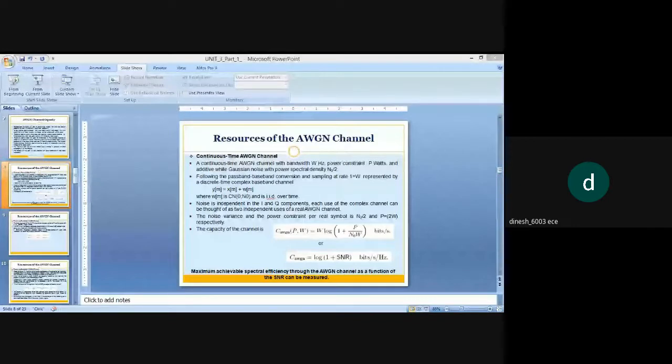So log to the base 2 of 1 plus x is equal to x log to the base 2 of e when x is approximately 0, and if x is large, it is log to the base 2 of x. This is how we calculate power. The received power is P, and the signal to noise ratio per unit dimension decreases with the bandwidth as the energy is spread more thinly across the degrees of freedom.